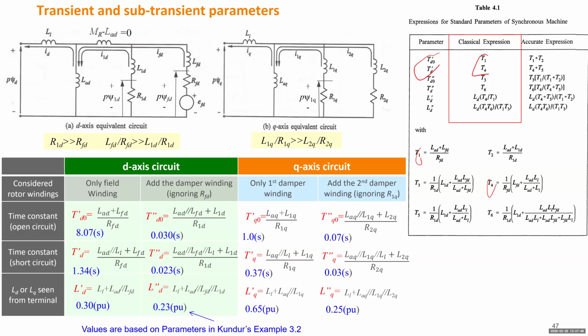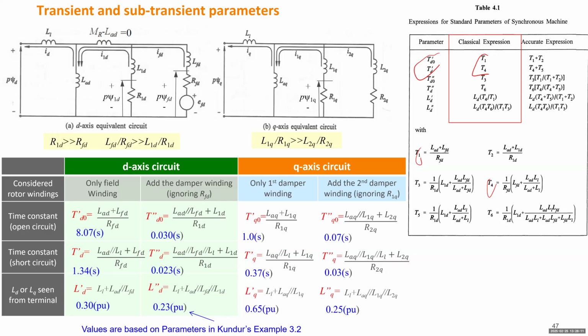So that will match exactly the formulas there. But this table does explain those formulas are called classical expressions, not the most accurate ones. If you want to keep everything without ignoring any resistance to figure out the time constant, you can have a more accurate formula. But those ones are not important to us.